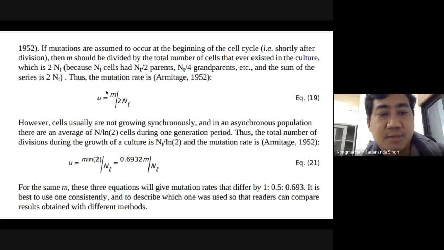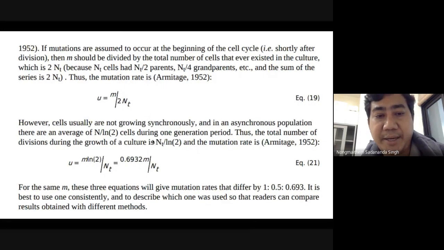So depending on the timing of mutation, you need to modify it. If it is before replication, before cell division, the numerator becomes much bigger.